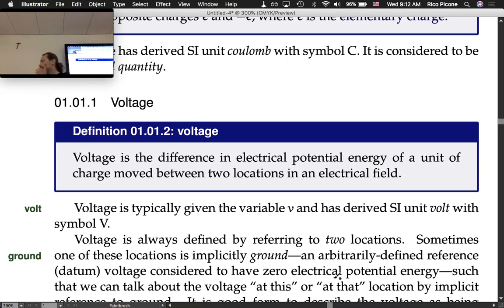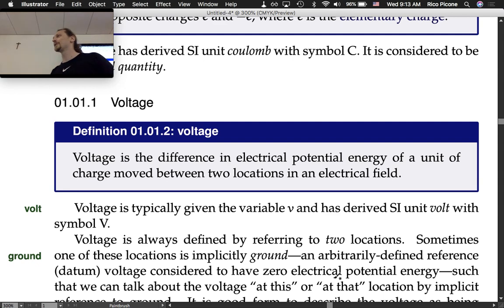Voltage is the difference in electrical potential energy of a unit of charge moved between two locations in an electric field. Okay? So it's a potential energy. So think about that. The voltage is the difference in potential energy. So when you have a voltage, you have the ability to do work, right?